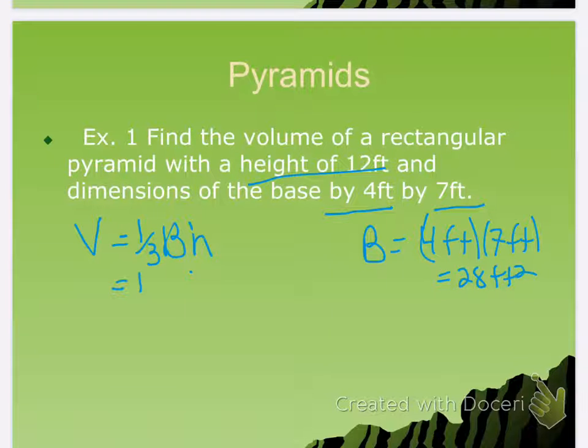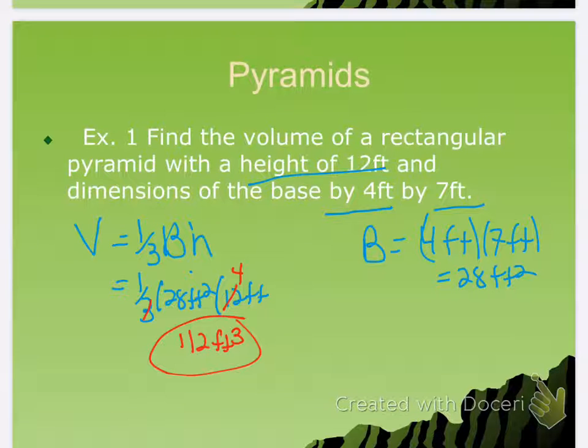So I end up with 1/3 times 28 feet squared times my height of 12 feet. 3 goes into 12 4 times, so I end up with 4 times 28, which is 112 feet cubed.